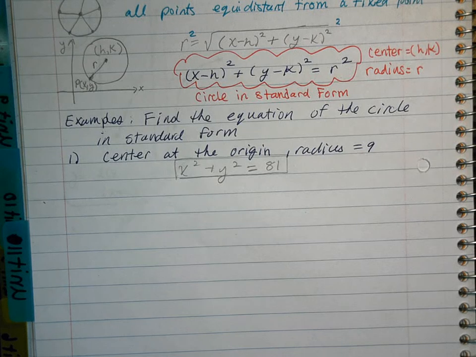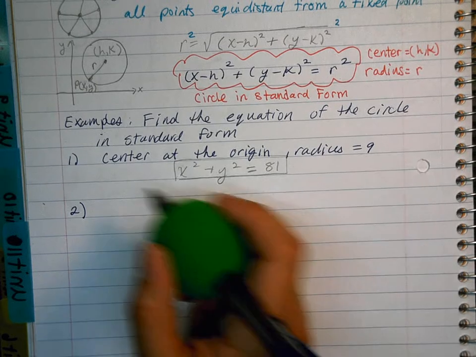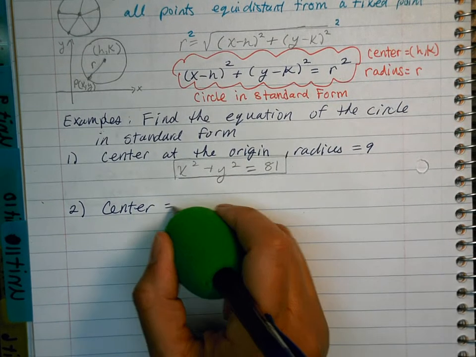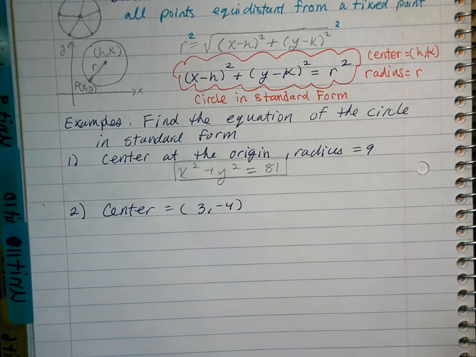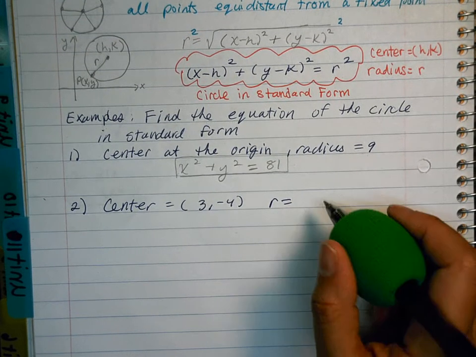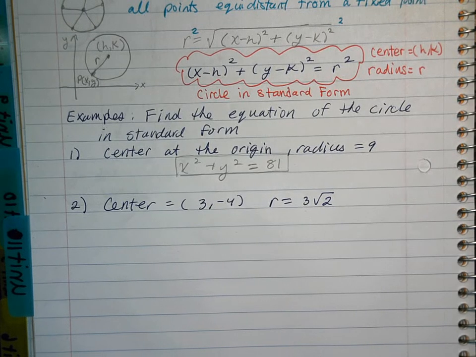All right, let's try another one. Number 2. Center equals (3, negative 4). Remember, you take the opposite of each. And r for the radius equals 3 root 2. Go ahead and start to put those in.